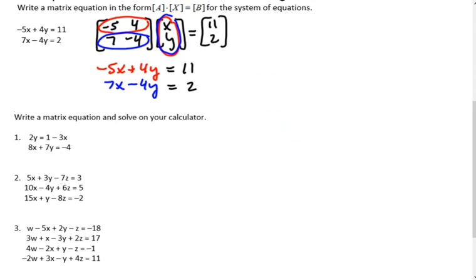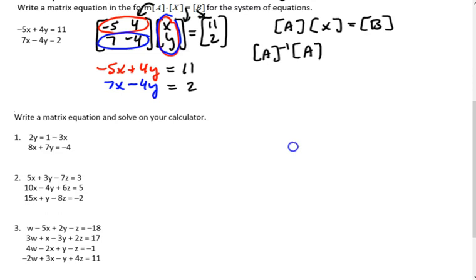Now if I want to solve a matrix equation, let's just look in general form. If I call this matrix A, so here's matrix A right here, and this is matrix X, and this is matrix B. So I have matrix A times matrix X equals matrix B. What I want to do is get X by itself and figure out what that is. So it turns out if I multiply matrix A by its inverse, and this is the notation for an inverse matrix, and then do the same thing to the other side.